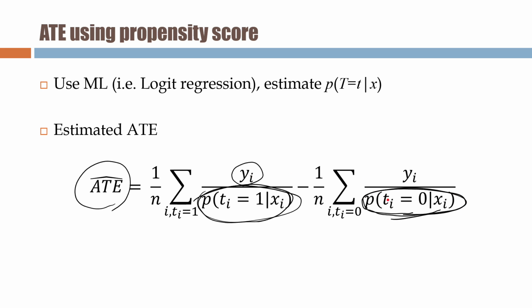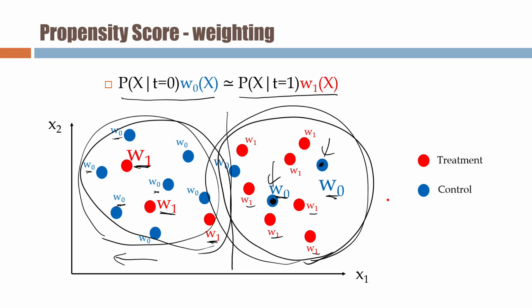Why dividing? As I told you, when there's a small probability, I give a high weight, right? A high probability, a lot of reds here, is high probability, so I have to have a small weight. So when you do the inverse, high probability, small weight; low probability, high weight.